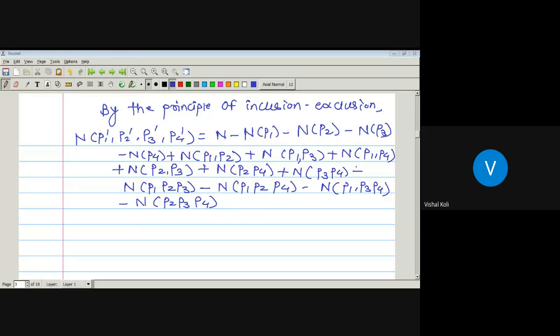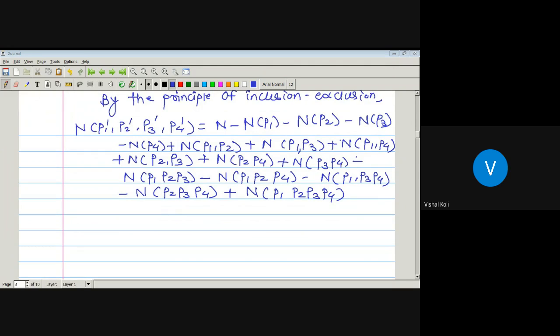These are the possible combinations with three properties, plus the last one is nothing but n of P1 P2 P3 P4. Okay, so this will be the formula for the number of elements with none of the properties P1, P2, P3 and P4. Now we just have to find out the values of n of P1, n of P2, n of P3 and so on.